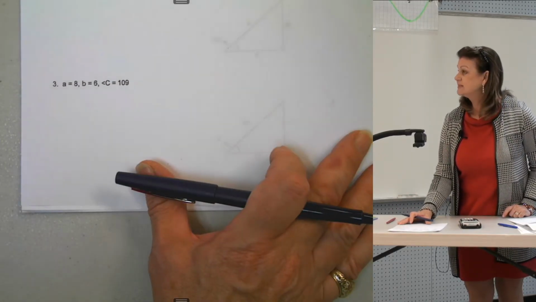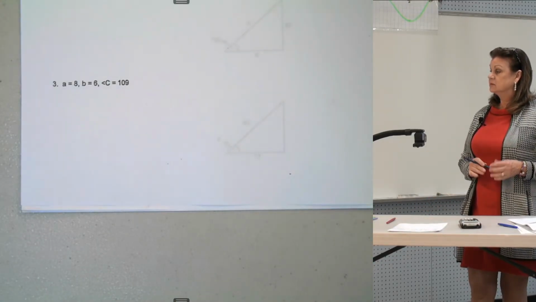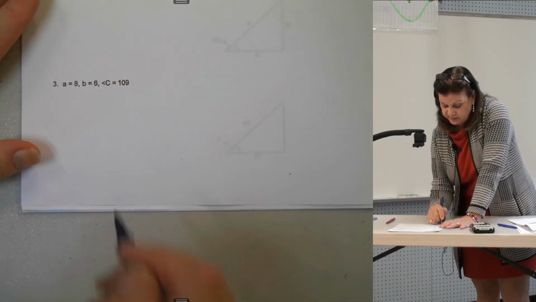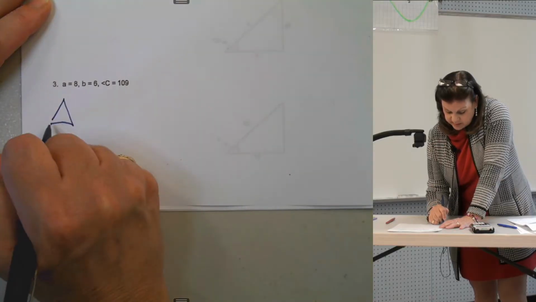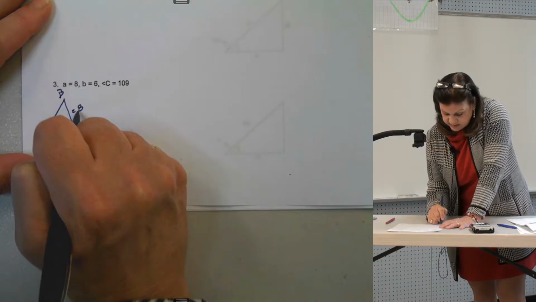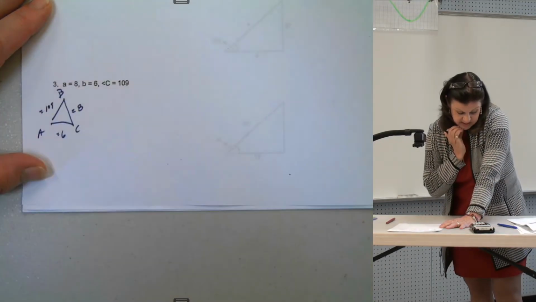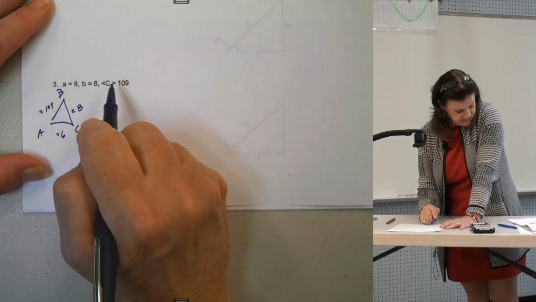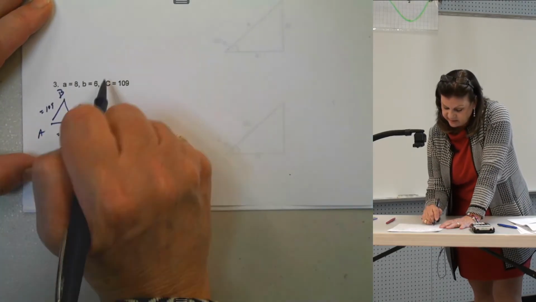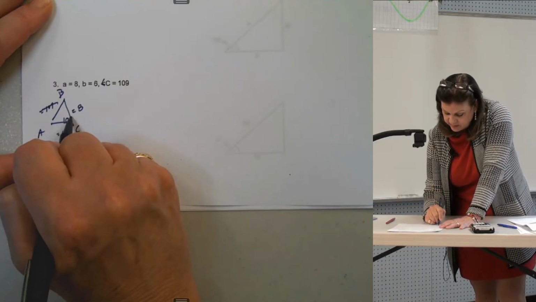They're giving me 3 side measures, A, B, and C. Clearly angle C is going to be my largest angle, and I think that's what I'm going to be looking for. So I have A, B, C: 8, 6, 109. I'm sorry, that is an angle measure. That is not a side measure. It just didn't print right. Okay, there we go.